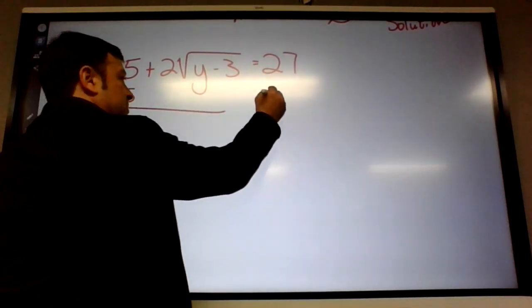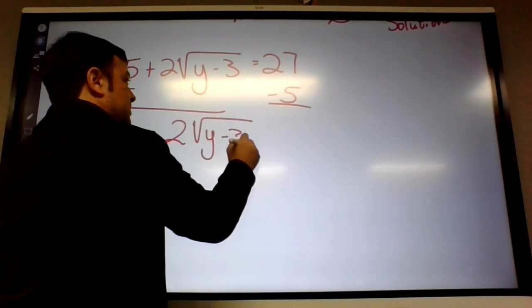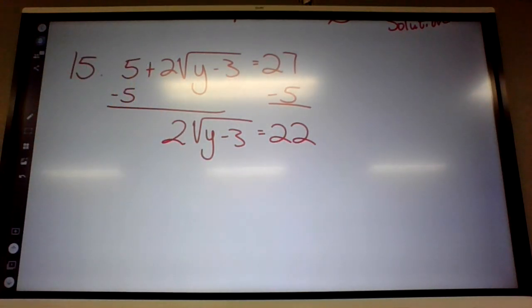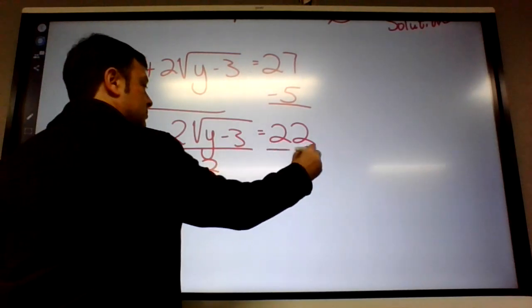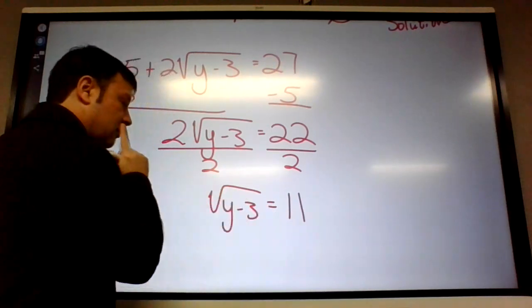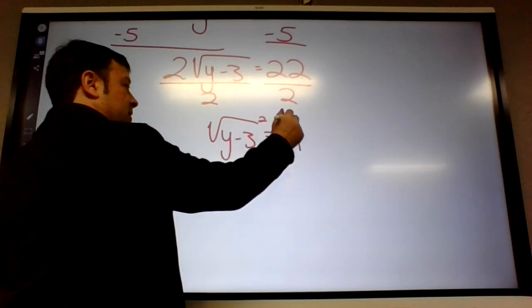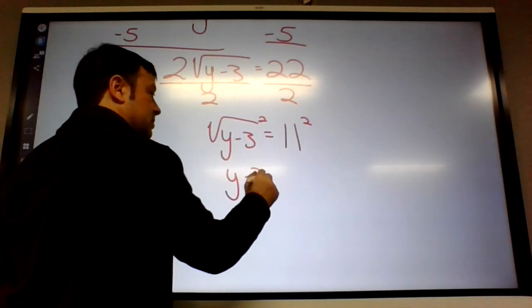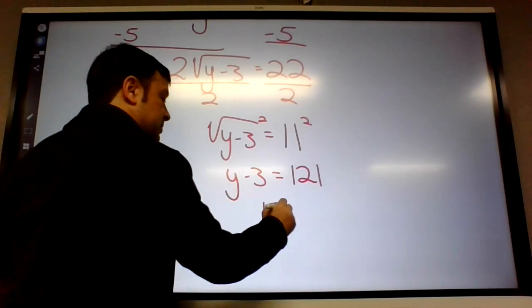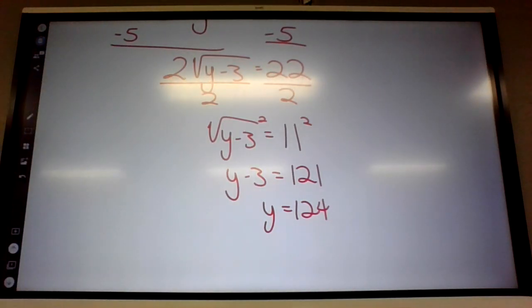It's kind of like the one Hank just did. And then, square it. Alright, so we get 1, 2, 4. There's 24.